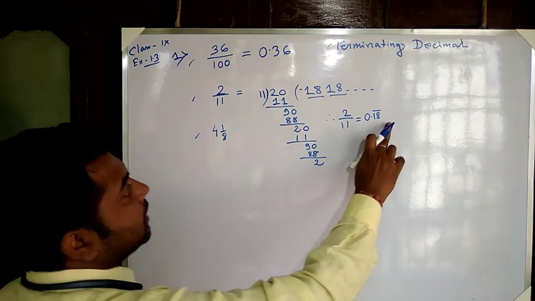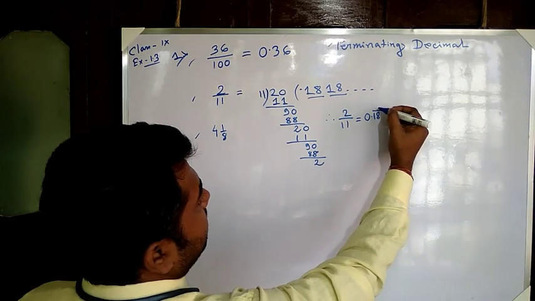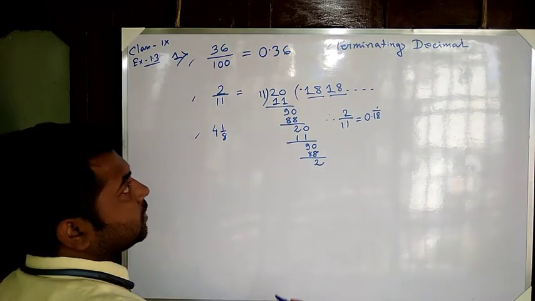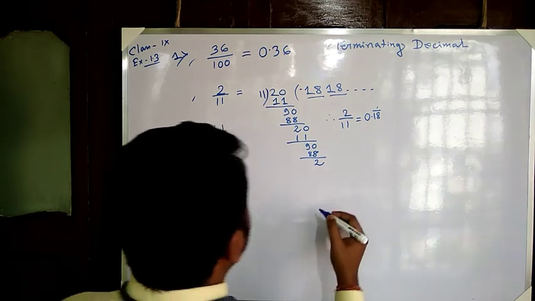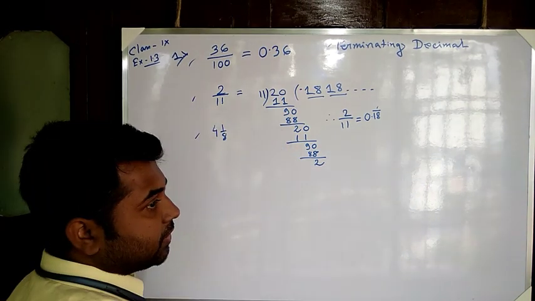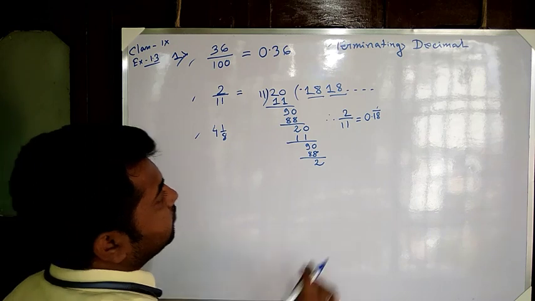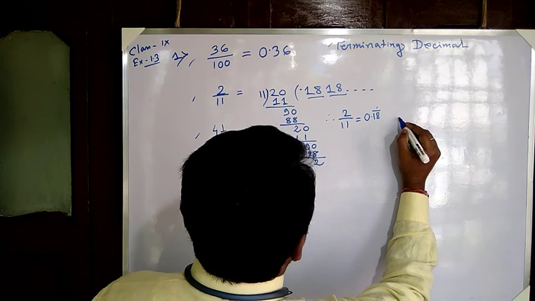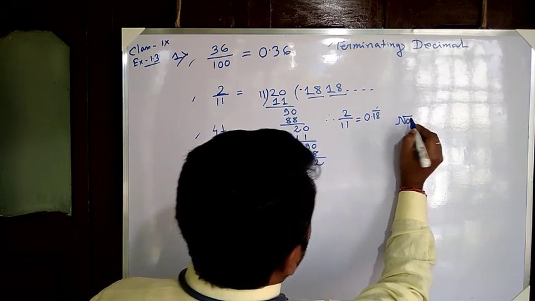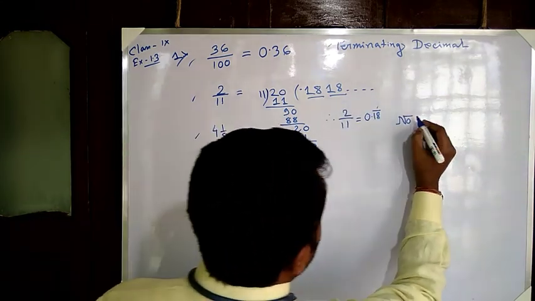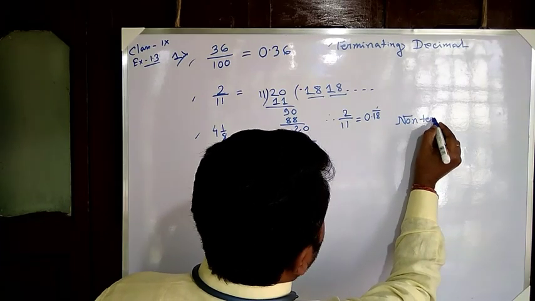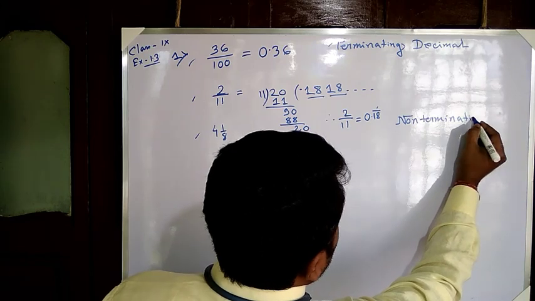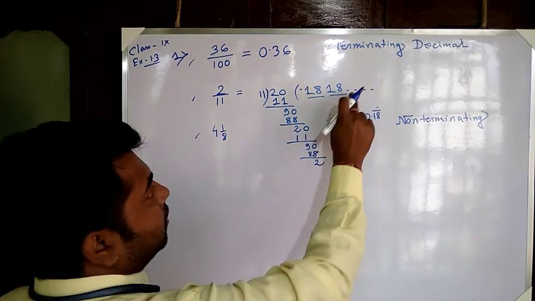Now you can see this sign is here, correct? This sign is known as repeating or recurring. So what can we write now? It is not a terminating number. I am going to write non-terminating, because the dot sign is there.